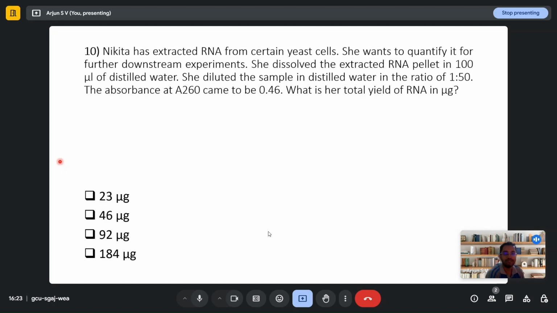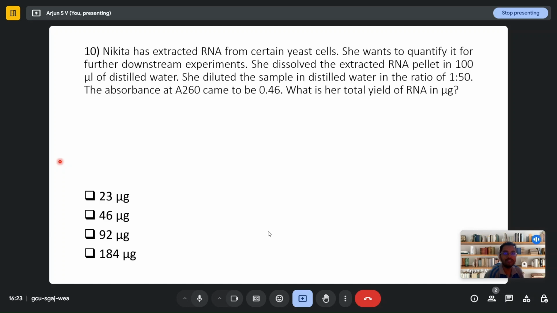I'll read the question once again. Nikita has extracted RNA from certain yeast cells. She wants to quantify it for further downstream experiments. So, RNA and quantification of RNA. She dissolved the extracted RNA pellet, so she has some total yield of RNA in some microgram.